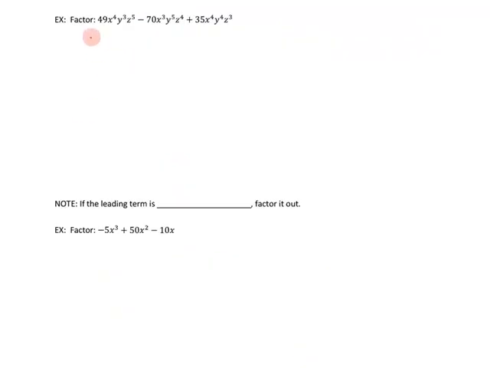Let's start off by finding the greatest common factor. We're looking at the numbers first of all and asking, what's the biggest thing that divides into 49, 70, and 35? I see that they all share a factor of 7, and nothing larger divides into each one of those. So the GCF contains the number 7. Now look at the variable x. What's the smallest power that you see?